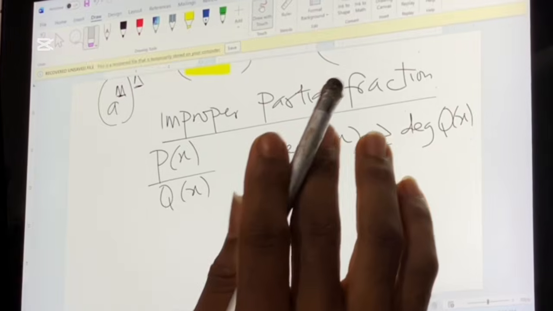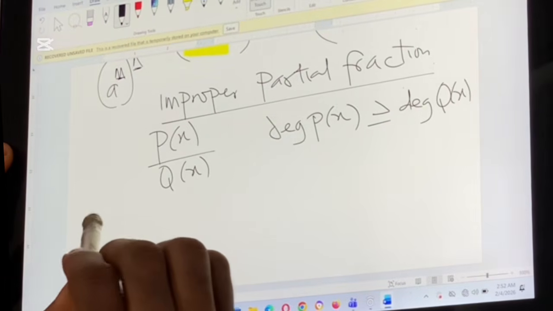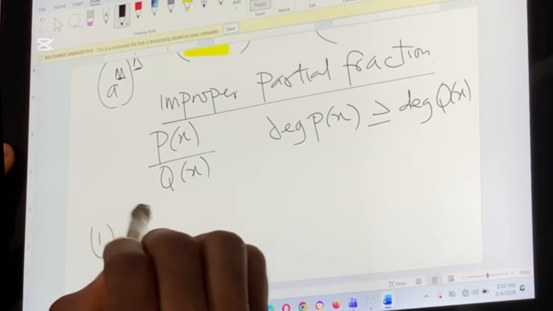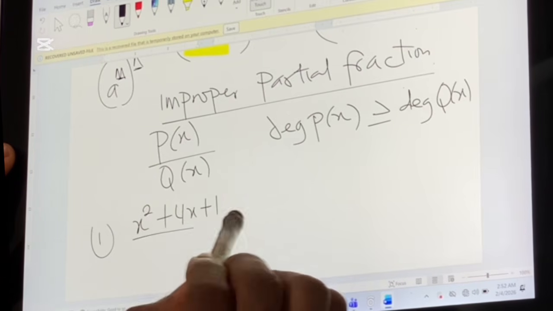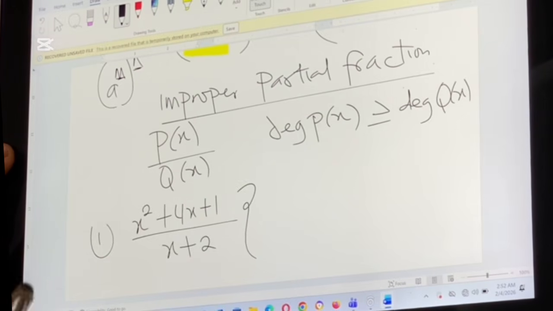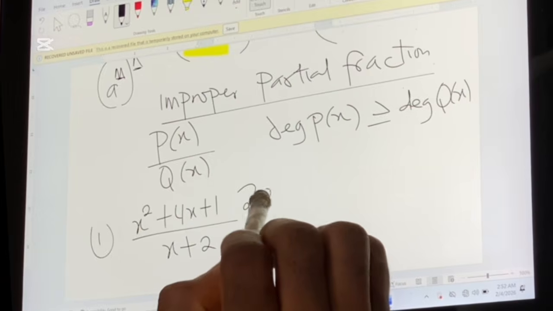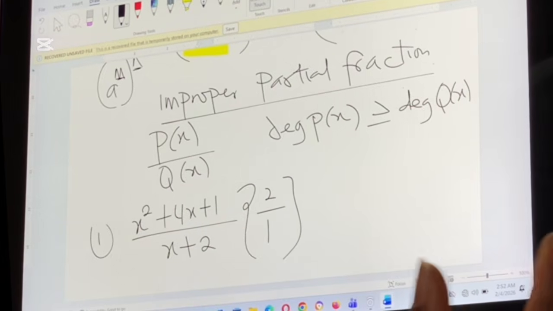If I have a fraction like this, class, s squared plus 4s plus 1 over s plus 2, the first thing I have to do is to identify the highest power at the numerator and the highest power at the denominator. So the highest power here is 2 over 1.